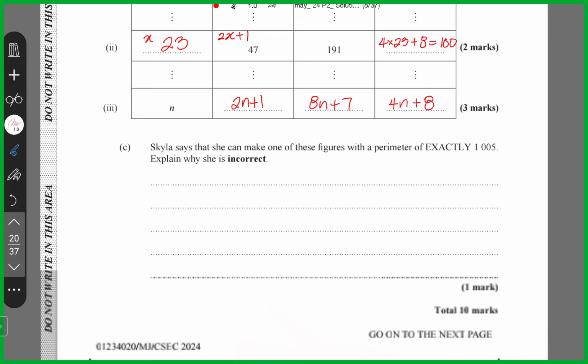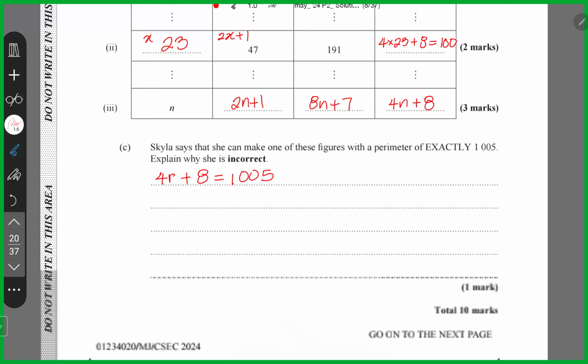With a perimeter of exactly 1005, explain why she is incorrect. Well, to answer this part of the question, since she said that the perimeter is 1005, I'm going to let the perimeter, which is 4r plus 8, be equal to 1005.